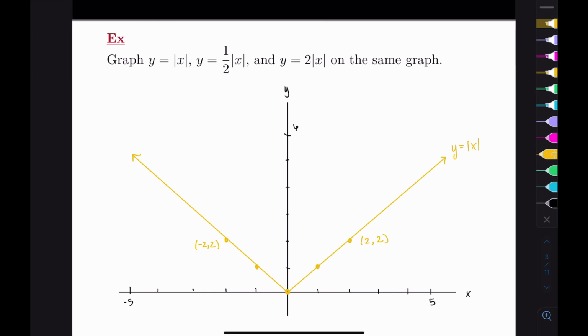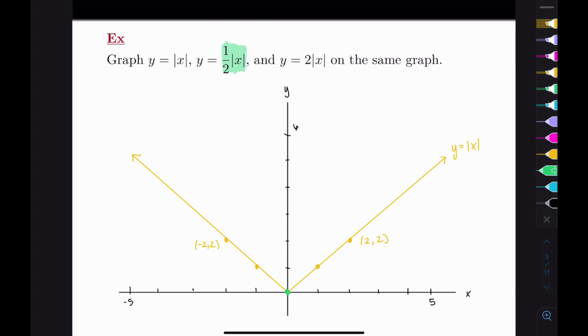Now when I apply this 1/2 and this 2 out front, again, it's not attached to x, so it's impacting my y values. So when I start with this graph, if I plug 0 into it, it still goes through 0, 0.